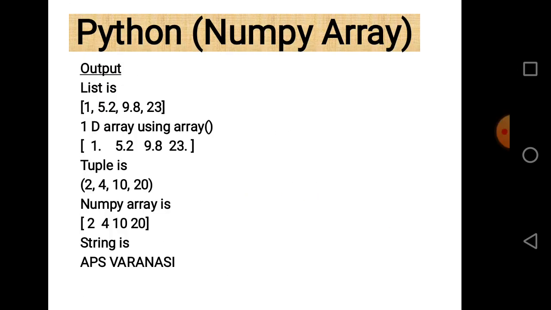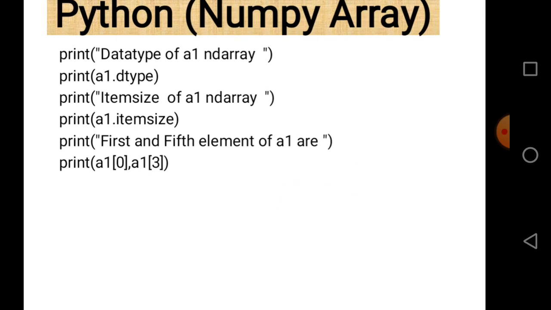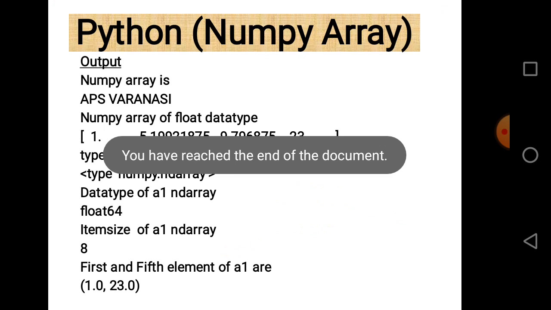Let us check it again using a program. Here the data type of the a1 ndarray is a1.dtype, a1.itemsize represents the item size, a1[0] represents the first element and a1[3] represents the fourth element. So I think there is a mistake in the last line. Let us check.